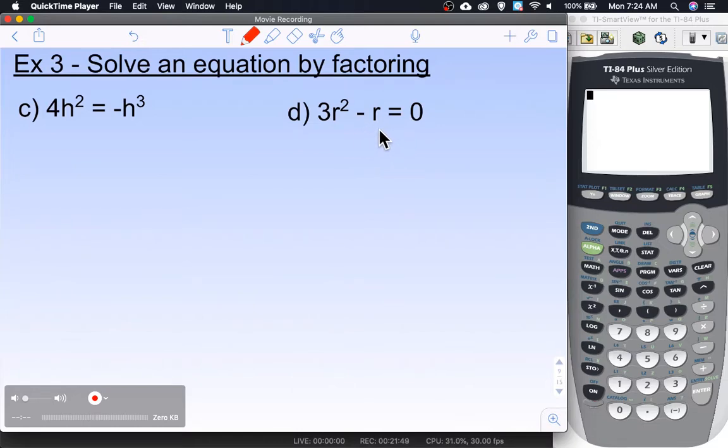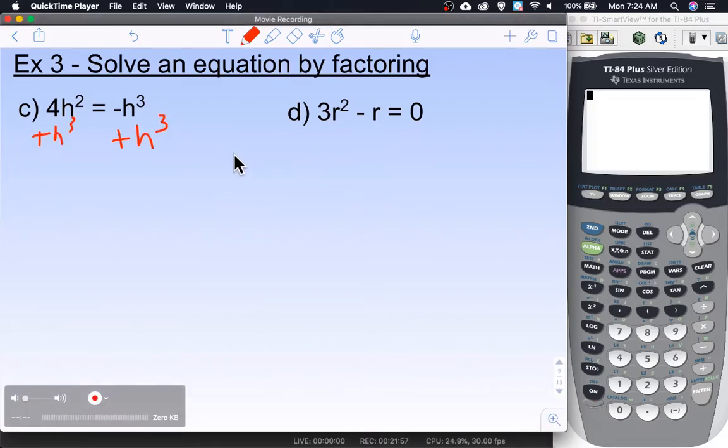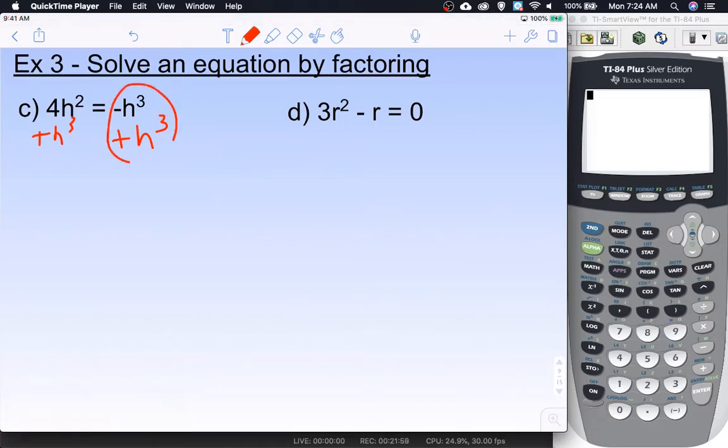So I'm going to start by adding h cubed to both sides, so that on the right hand side they would cancel, but on the left hand side we would get a new expression that we can solve, or at least factor.